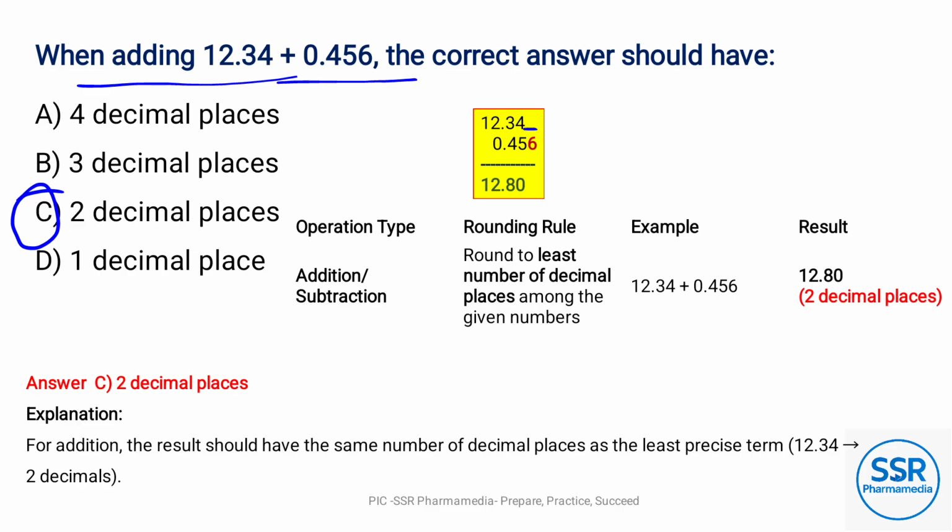So instead of 6 we will add 1, the 5 is converted into 6. 6 plus 4 is 10, so 0 and remaining 1. So 4 plus 3 plus 1 is 4, 4 plus 4 is 8, and 2. So it's 2 decimals. So round off this 5, 6, you have to include the 1 with the 5.